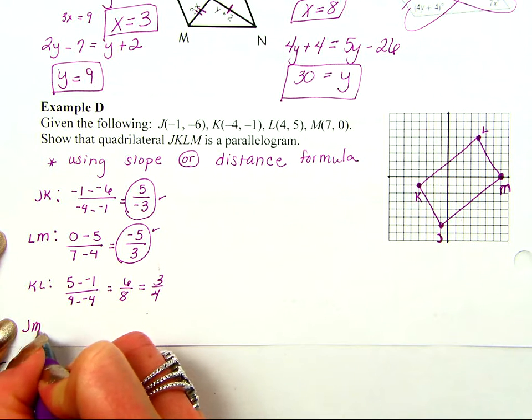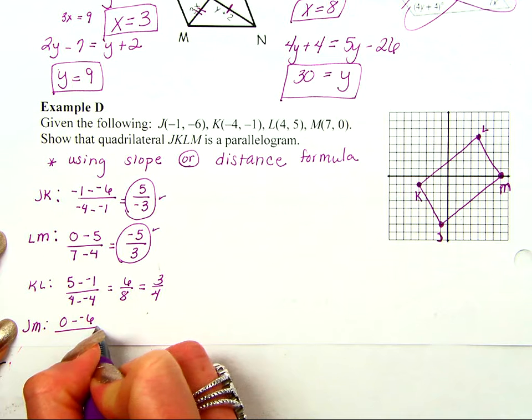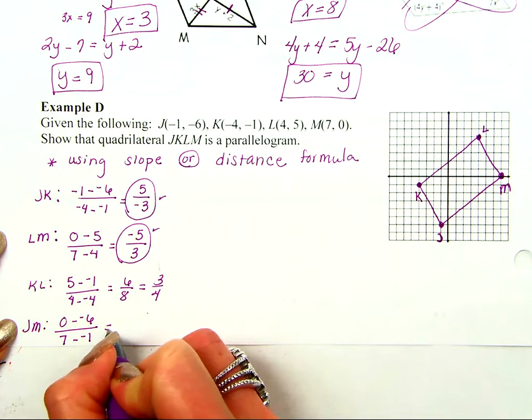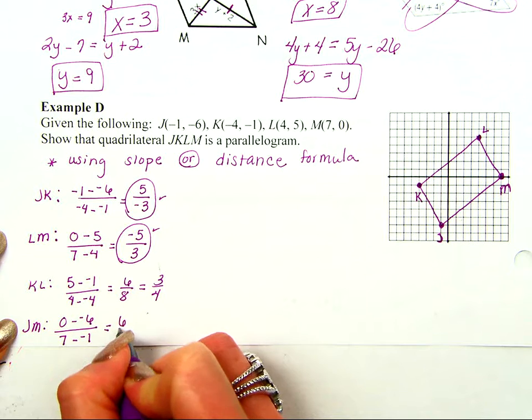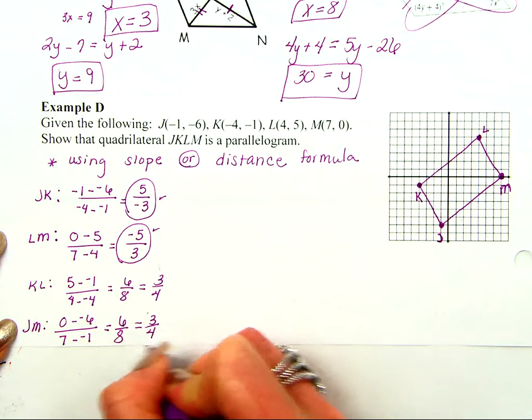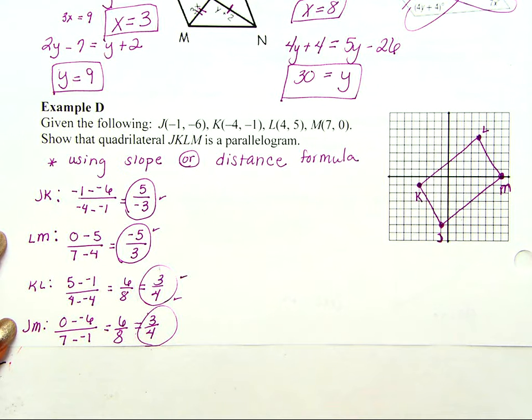And JM, 0 minus -6 over 7 minus -1, 6 over 8. So that also has a slope of 3/4. So we have shown that our opposite sides are parallel because they have the same slope.